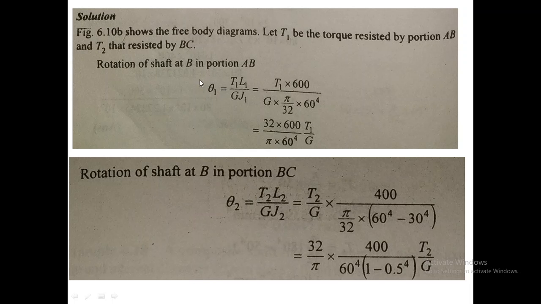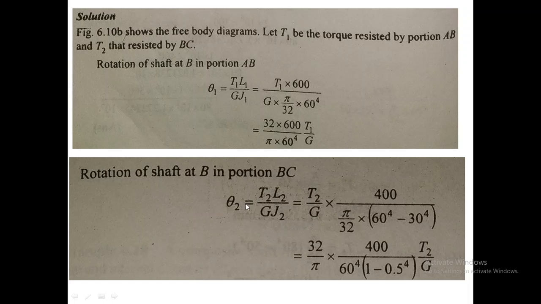So we calculate the angle of twist for both the portions, leaving T1 as it is, and we will get the angle of twist with respect to T1 and G. G is the material property, rigidity modulus is not given, but we'll keep it constant. We'll see it later.